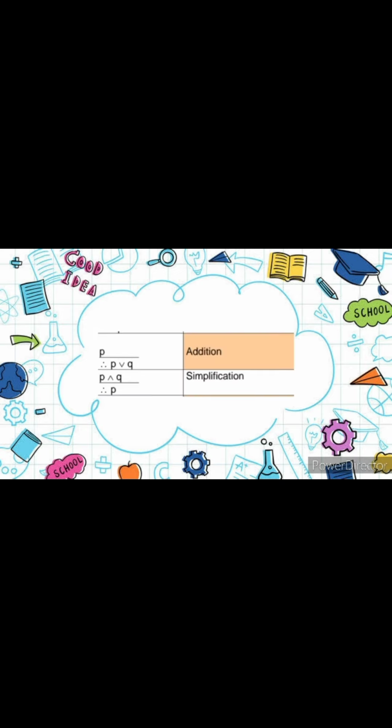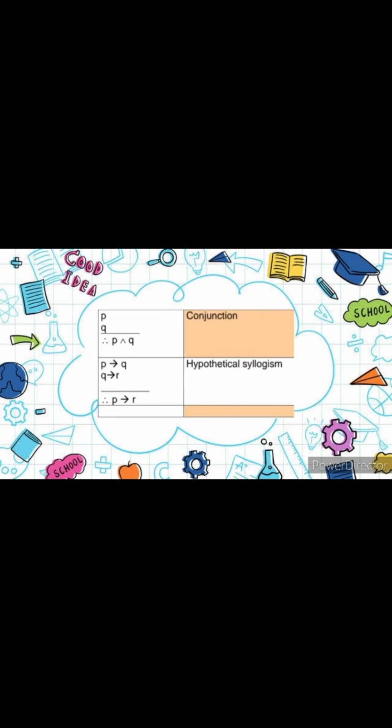The third one is P, therefore P or Q, and that's called addition. The fourth one is P and Q, therefore P, and that's called simplification. The fifth one is P, Q, therefore P and Q, and that's called conjunction.